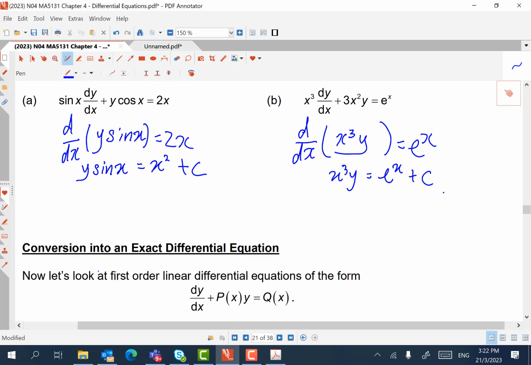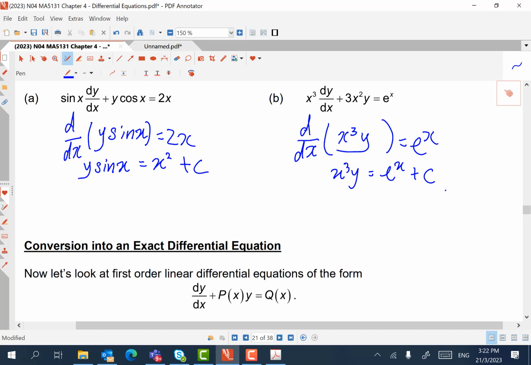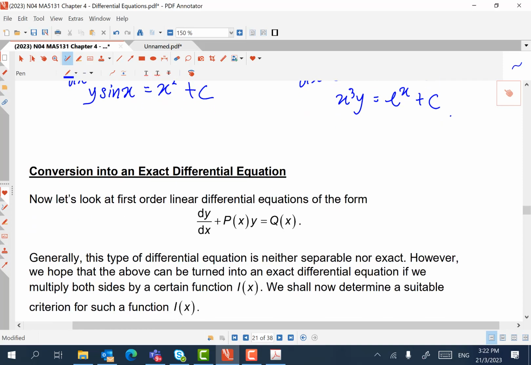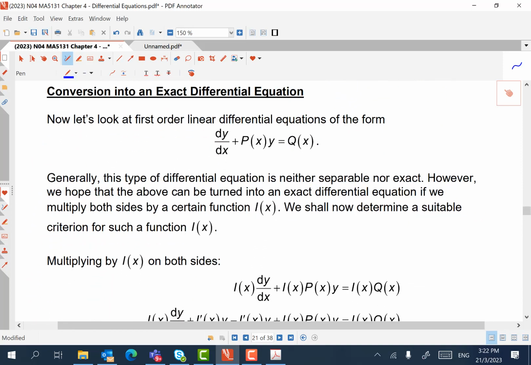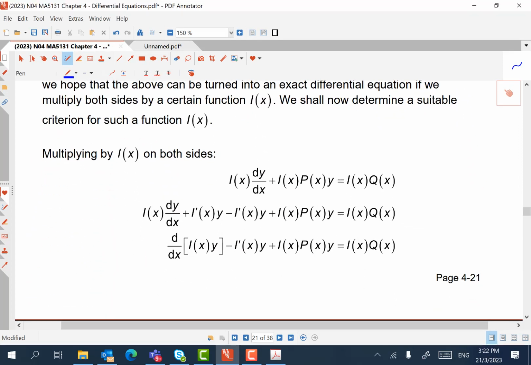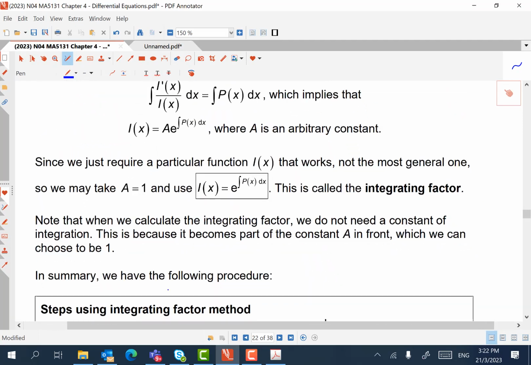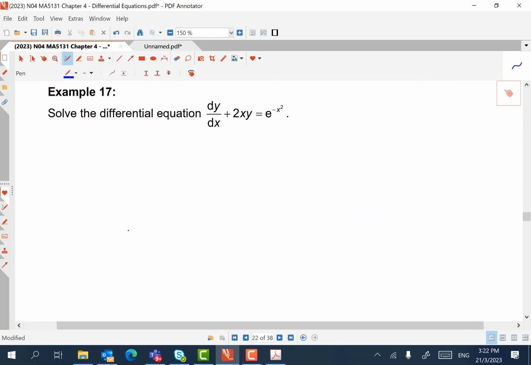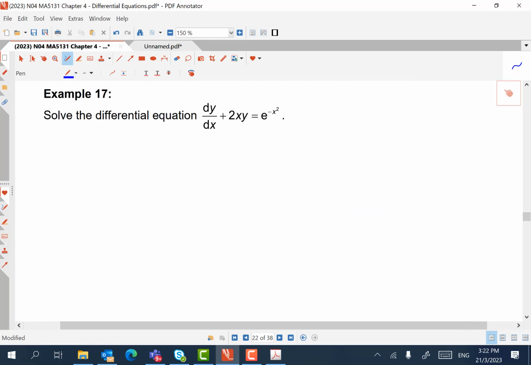What if it is not exactly exact? Like for this, okay, let's jump a bit again. I'll come back to this later. This one, a lot of reading. Okay, this equation is obviously not exact.